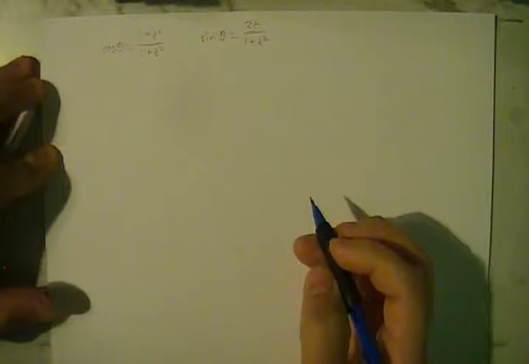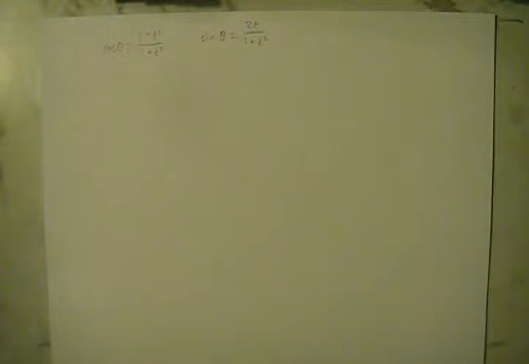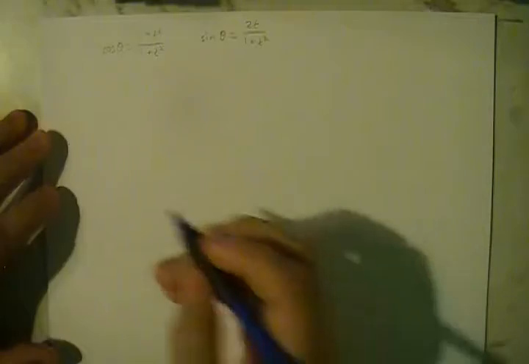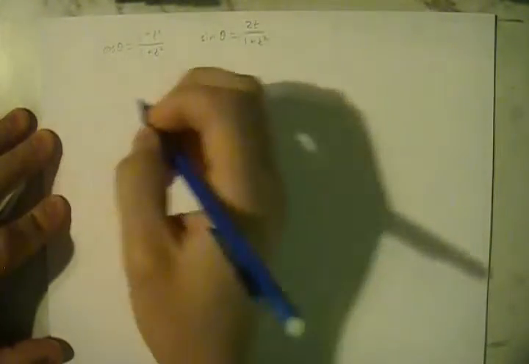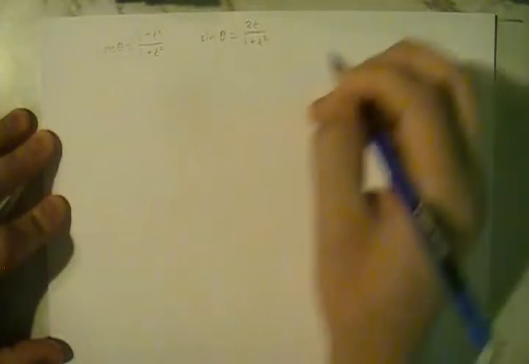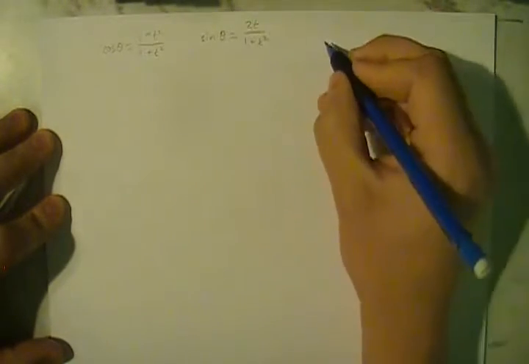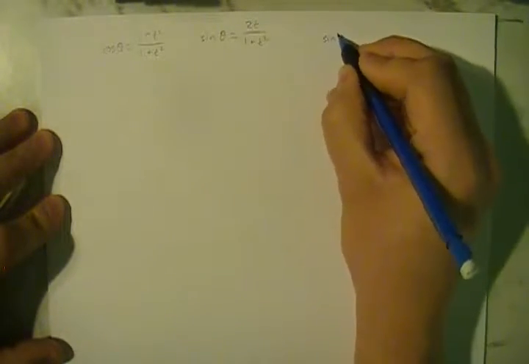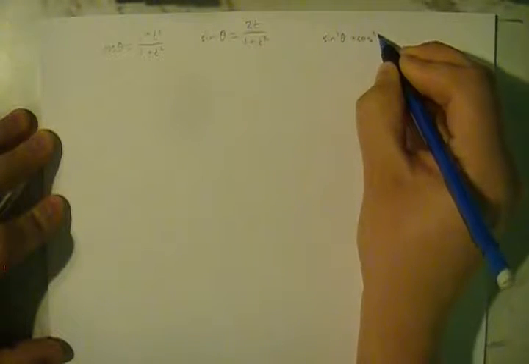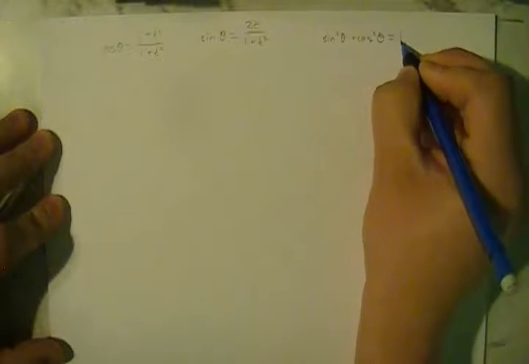And so I was saying that we can use this to verify certain trig identities that we already know. So we know this is true. Sine theta squared plus cosine theta squared is equal to 1, that just follows from the definition.